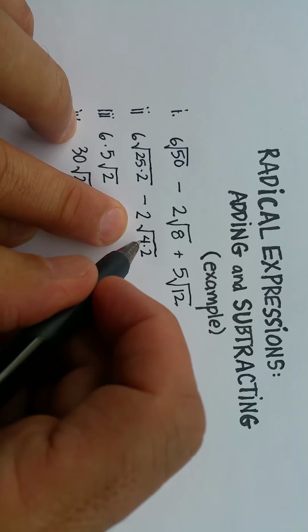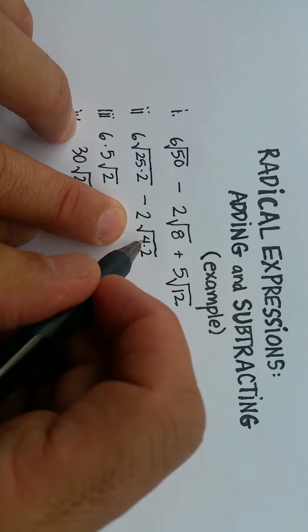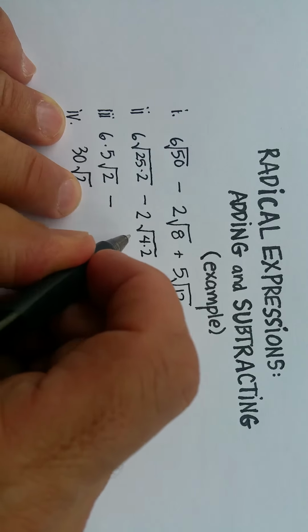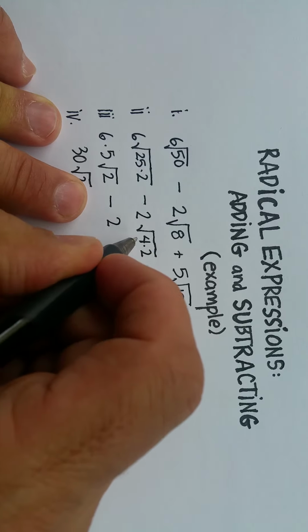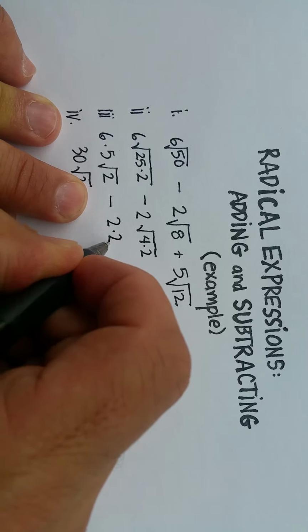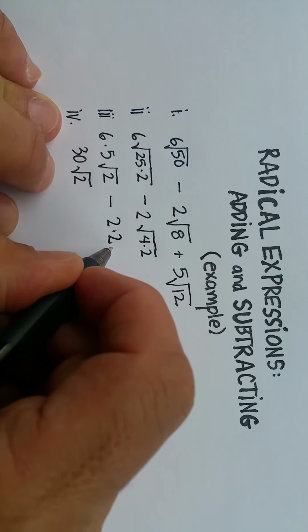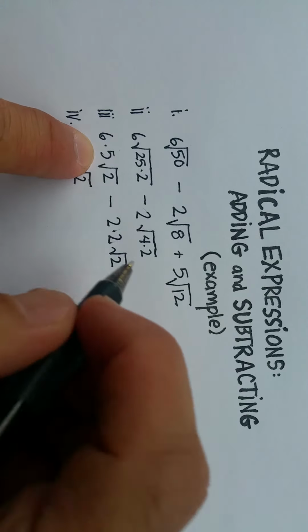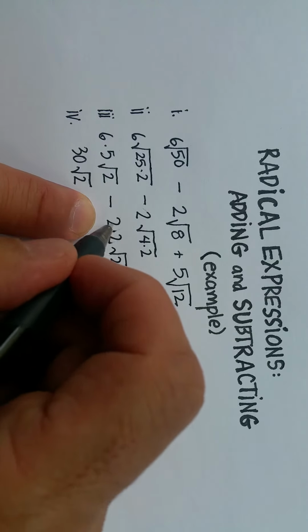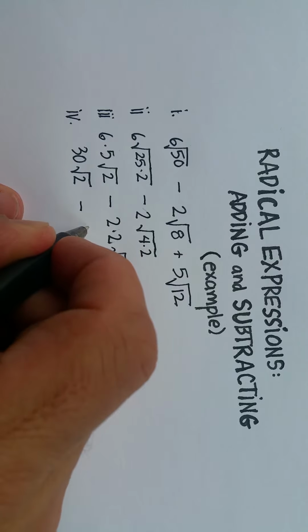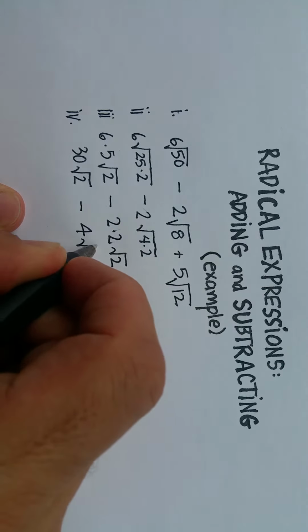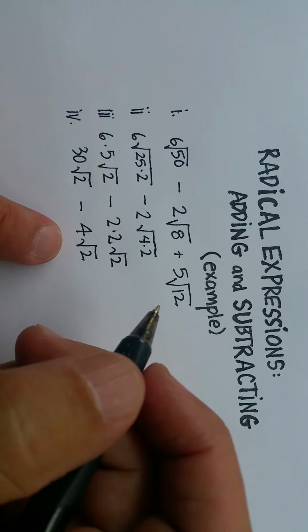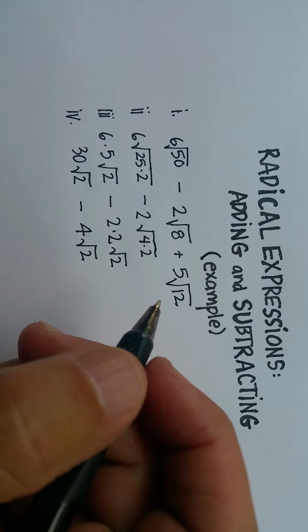And again, I chose 4 and 2 because 4 is a perfect square, and it will easily change, the square root of 4 is 2, so I'll put it back outside, and then that stays as radical 2 underneath. And again, just like over here, you can multiply the two outside whole numbers, and now I have 4 radical 2, and look at that. Now I'm starting to get similar or like radicals.